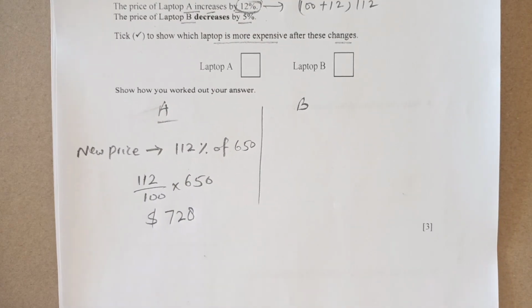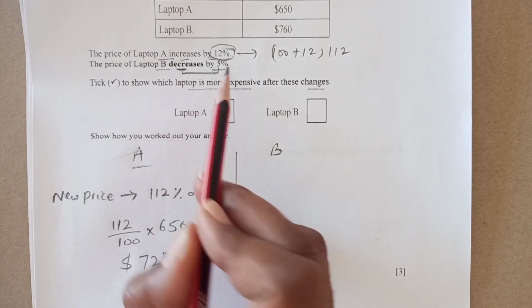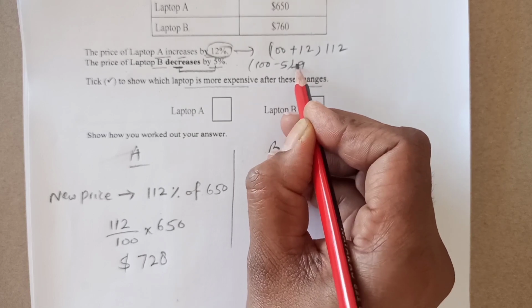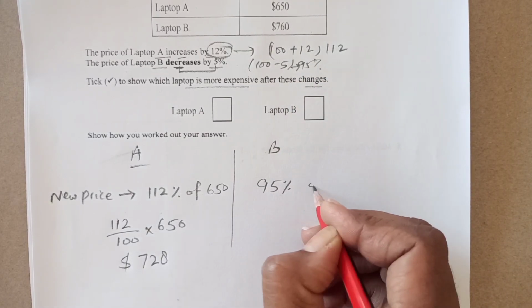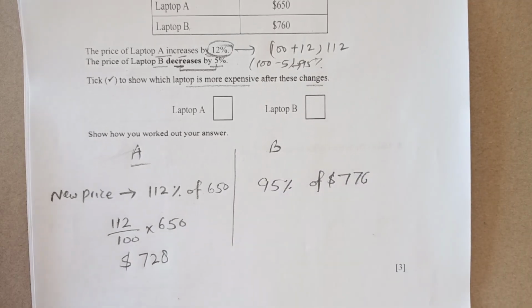So you are going to get 728. And similarly for laptop B, as the price is decreasing by 5%, we will minus 5 from 100, that is 95%. So 95% of 760.